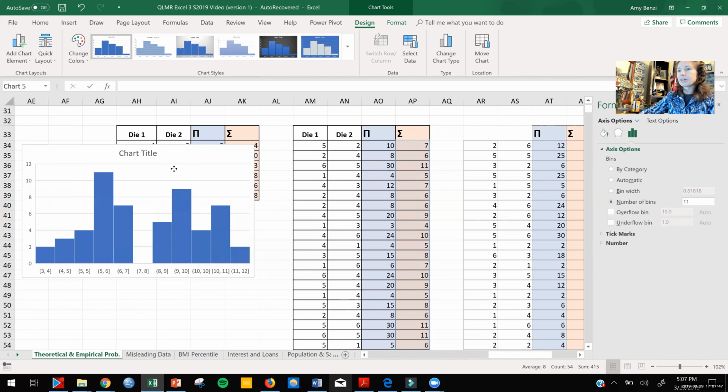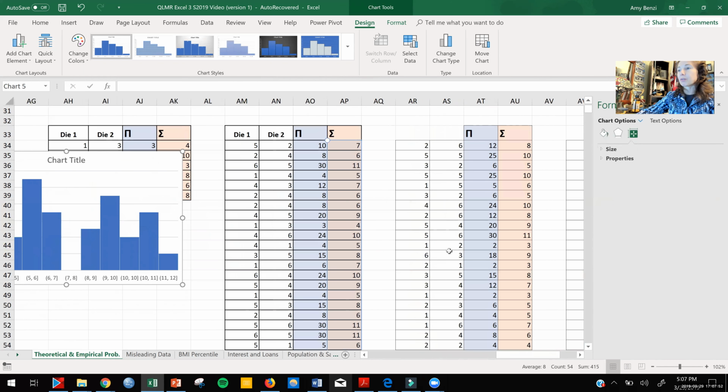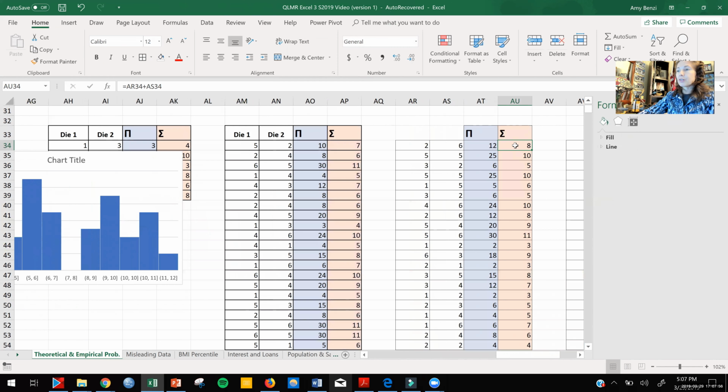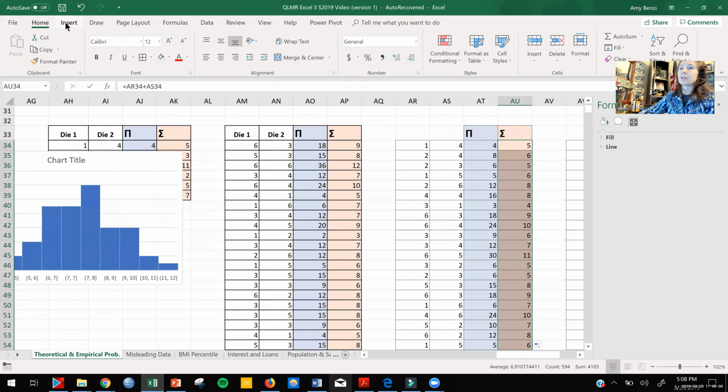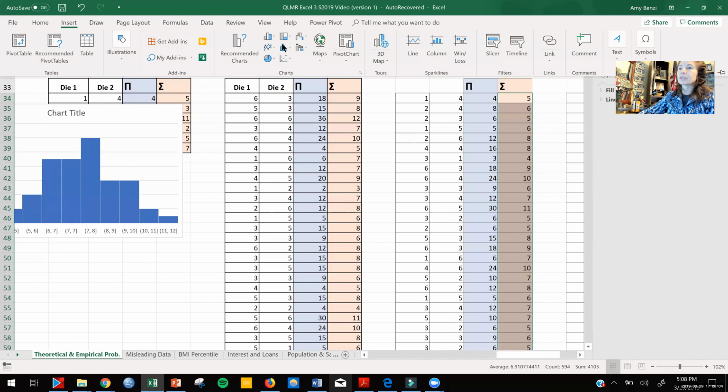All right, now I know I need to move that over more, but first I'm going to create the rest of these just to get them done. So I'm hitting this top cell, double click, it takes it all the way down, insert a histogram.